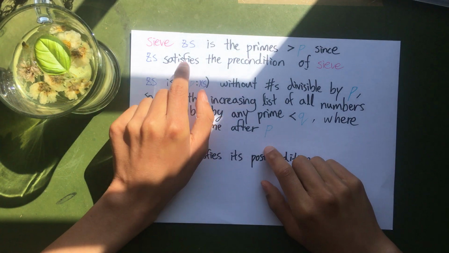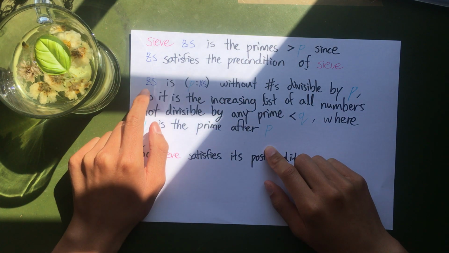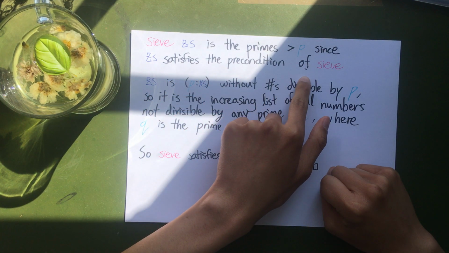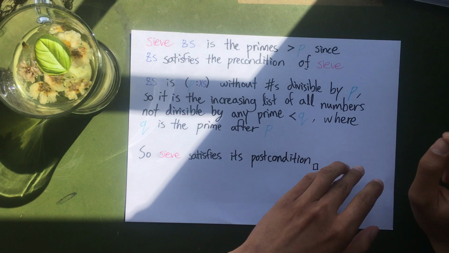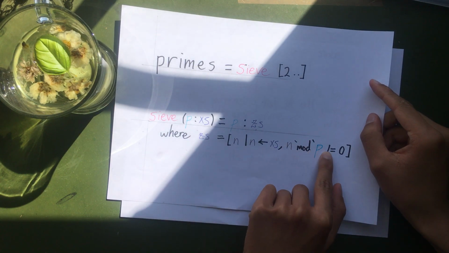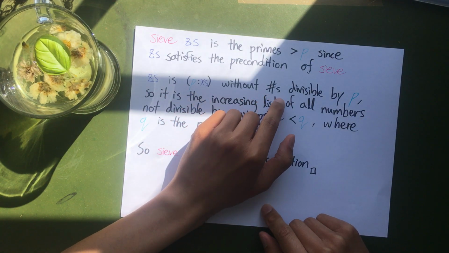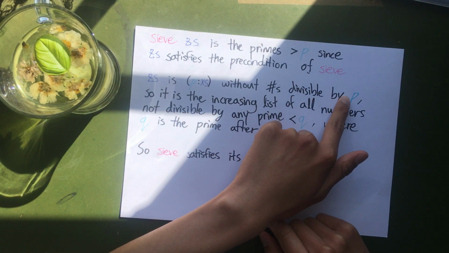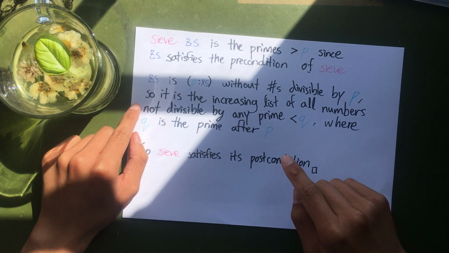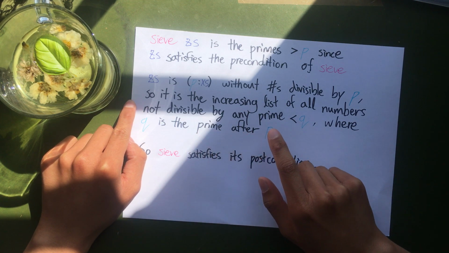Okay, so now we need to show sieve z produces the primes greater than p. And I'm going to show this by showing that z satisfies the precondition of sieve for primes greater than p. Let's remind ourselves of what z is. Z is this list, kind of a filtered version of x's. It is px's without the numbers divisible by p. So it is the increasing list of all numbers not divisible by any prime which is less than q, where q is the prime that comes after p.